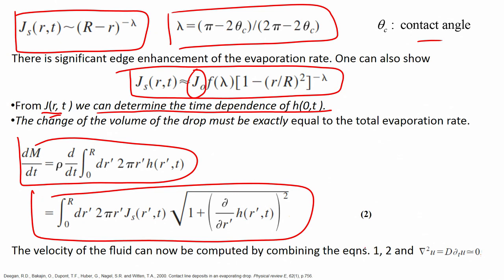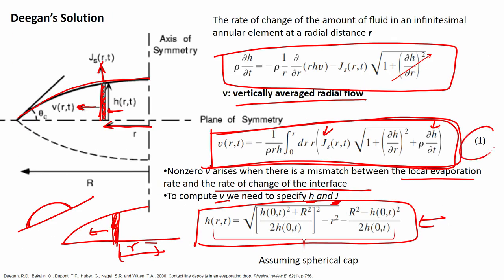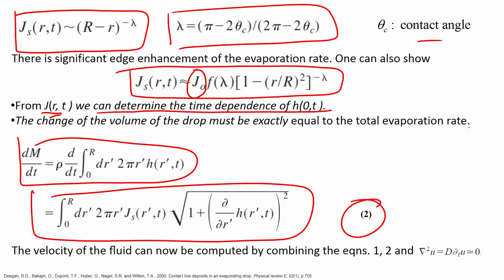The velocity can now be computed by combining this equation and the equation that we showed earlier, and using that the Laplace of the velocity is equal to 0. So, you can solve this equation and get the final answer.